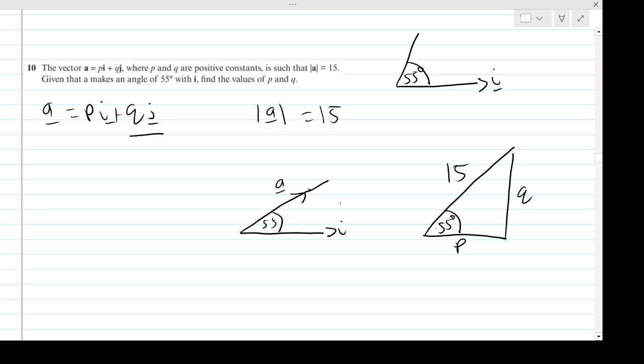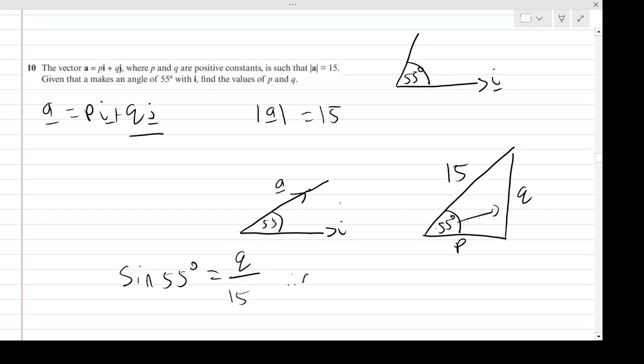So we can use SOHCAHTOA. Firstly, we can use sine of 55 degrees. That's going to be the opposite, which is the q, over the hypotenuse of 15.